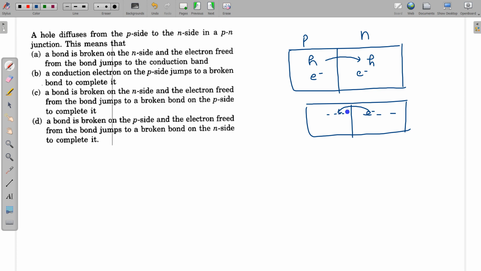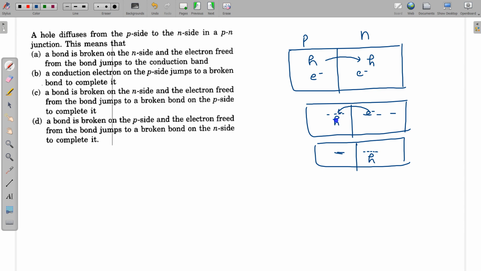In this particular situation, in terms of holes, the electron is now here, and since the electron is here, we will have a broken bond here. In the next diagram we can see it like this. This bond is now complete and we will have a broken bond here. In terms of holes, this broken bond is known as a hole, and the hole is now here.